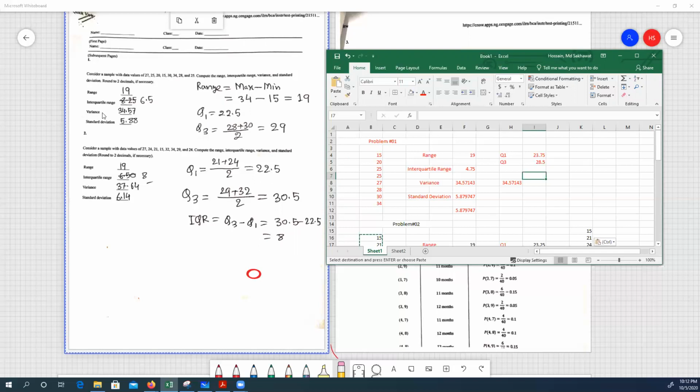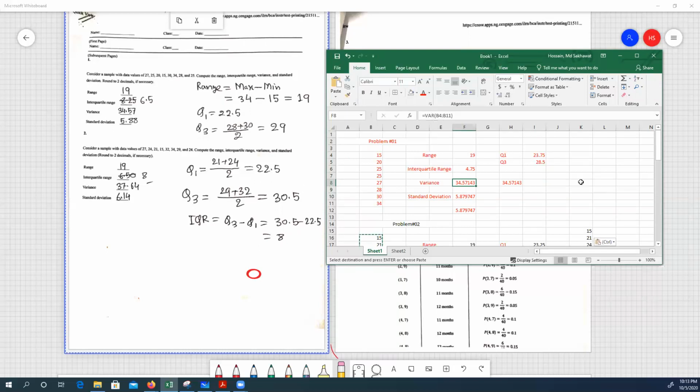Okay, so now we have to find the variance and standard deviation. To find the variance and standard deviation, one way is you can use the Excel sheet, or you can also calculate it by hand using the formula, okay? So how can you find the variance? The easy way is you can use this command VAR.